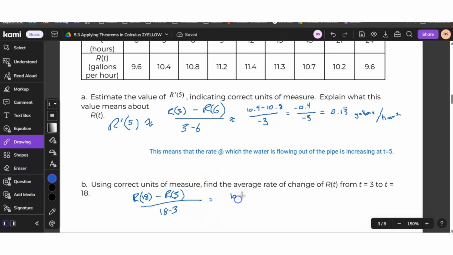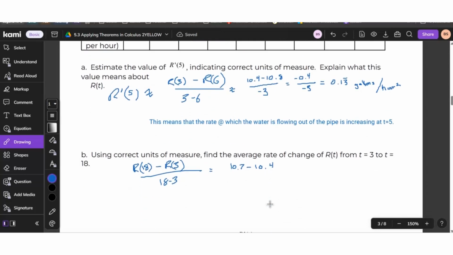So 10.7 minus, is that 10.4? Yes. And 18 over 15, which is 0.3 over 15, that's 0.02.